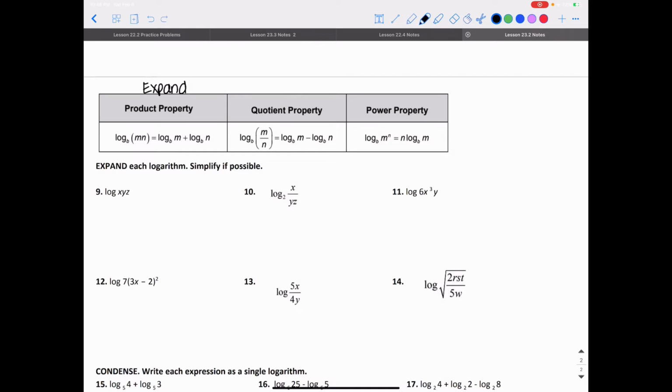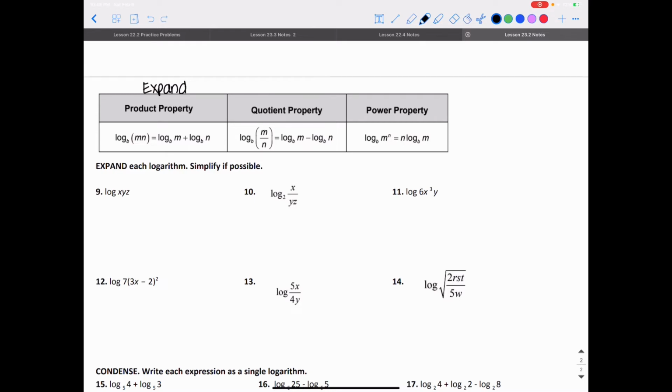If we see multiplication inside, we're going to separate and write addition in between. If we see division, we're going to separate and subtract in between. If we see an exponent, we're going to make that the coefficient, or we're going to multiply by that logarithm.